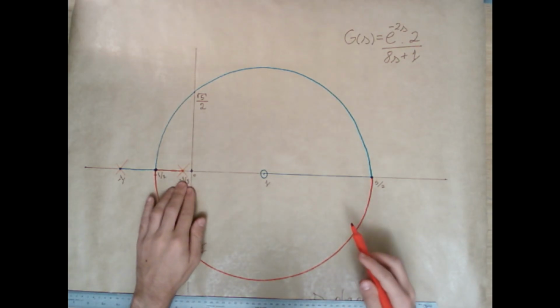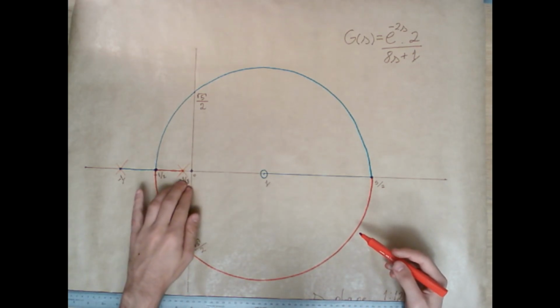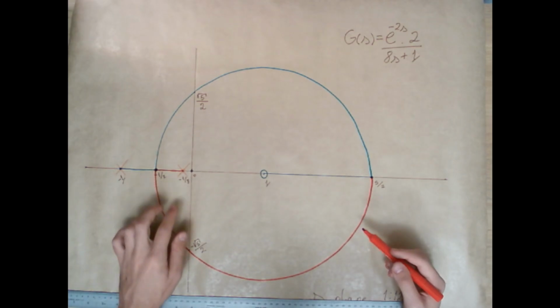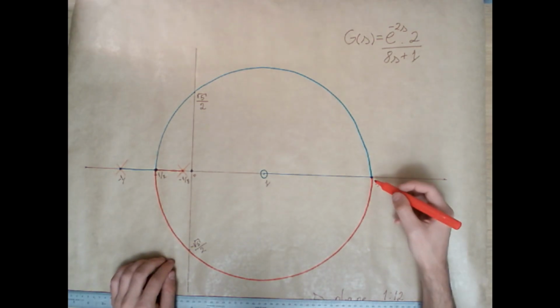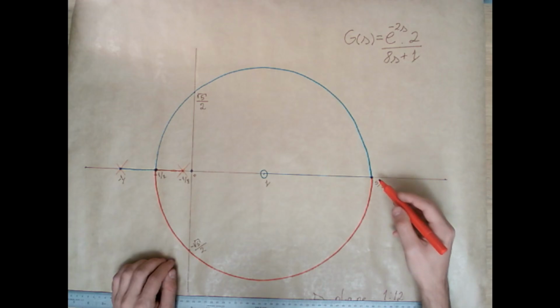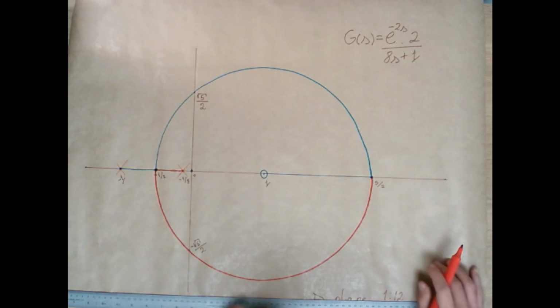Since this branch started in the innermost pole and moved initially outwards, it's gonna finish at the outermost zero, which is the zero at infinity.